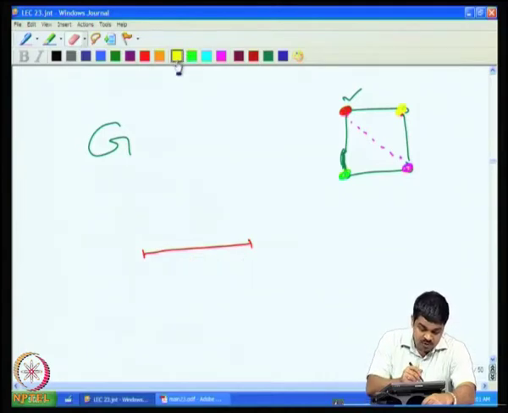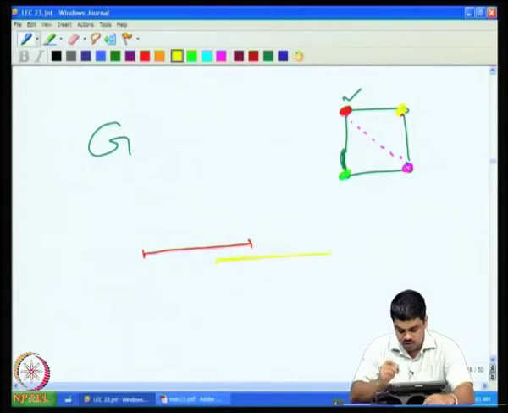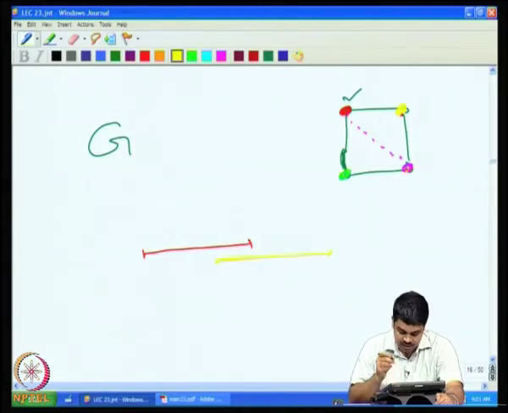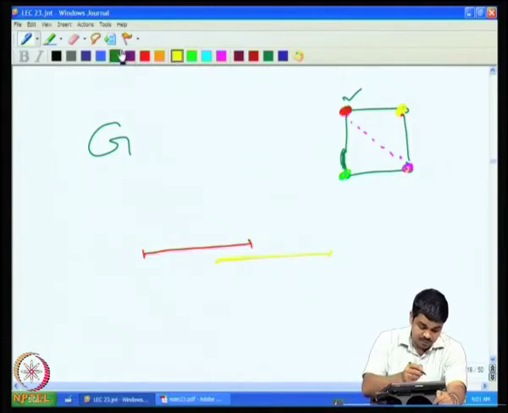So, it should be either like this or like this. Without loss of generality, let us say like this. Now, I have to draw violet touching yellow without touching red, and we cannot put violet totally inside yellow as we mentioned before.